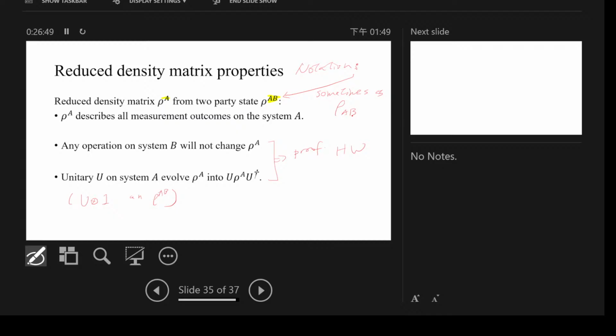You can also see an advantage of using this is that it doesn't look like an exponential. Because with a superscript, a lot of the time it's like rho to the AB power, but this is not rho to the AB power. This is a rho on the AB system.